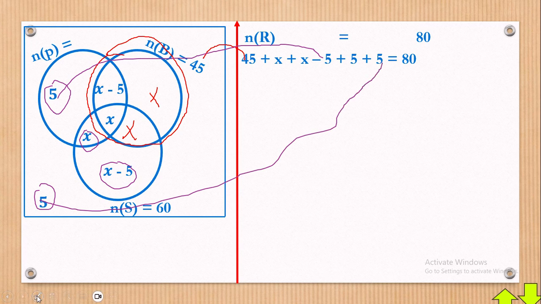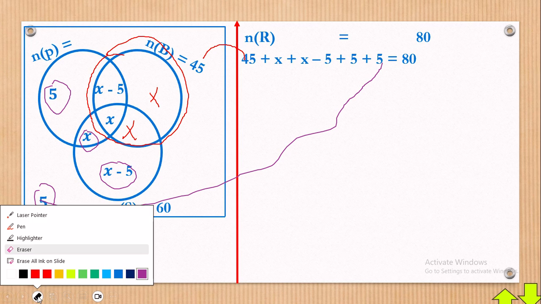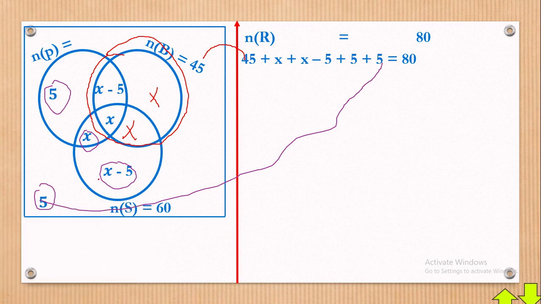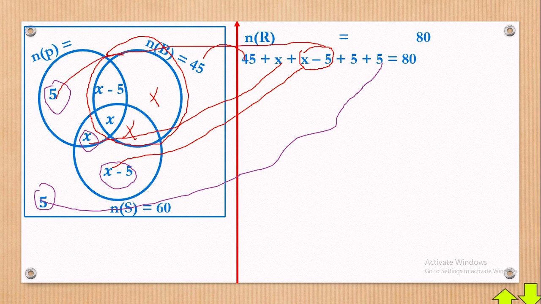By the way, as far as this is concerned, it's for a subtraction. Okay, I'll remove it. Good. Now the x minus 5, the one which is here, is the one you have here. This x is the one we have right there. This 5 is the one we have at the end there, and it will give us 80.